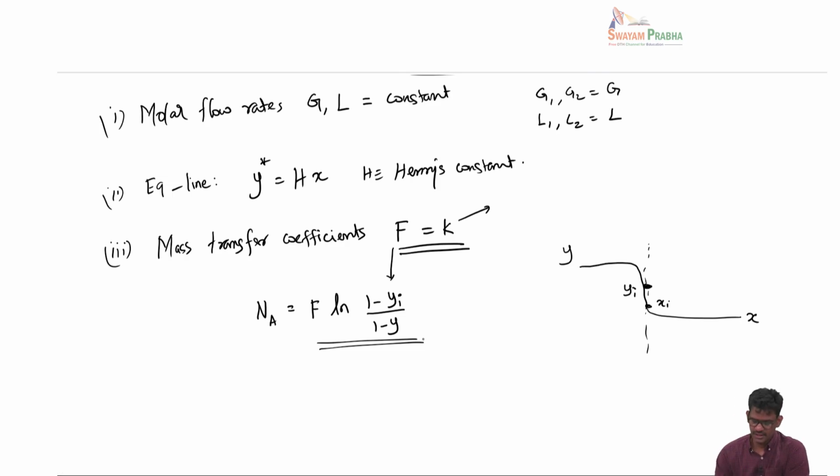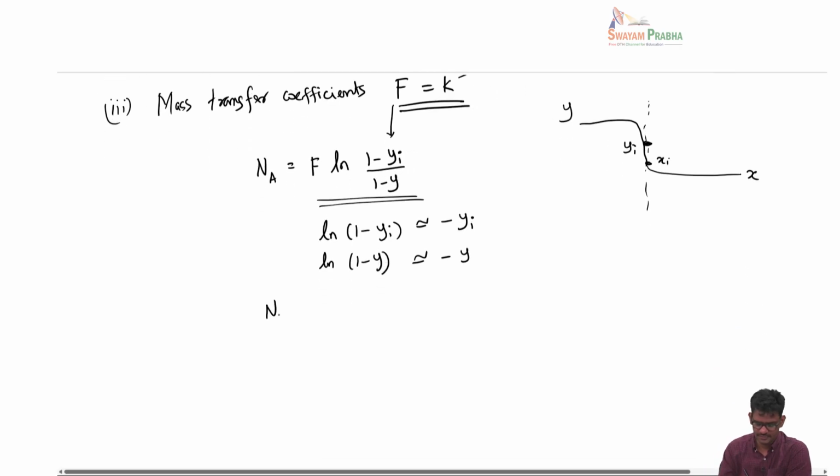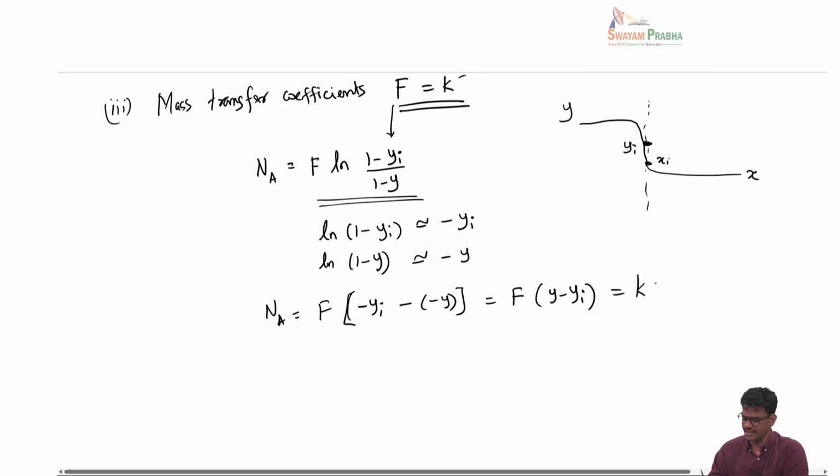So now when the compositions are very dilute, we can actually approximate these logarithmic terms. If you expand this around 1, you will see this is roughly yi, and ln of 1 minus y will become roughly minus y, and if you substitute this, you get y minus yi, and this is actually equal to how we write K type mass transfer coefficient.